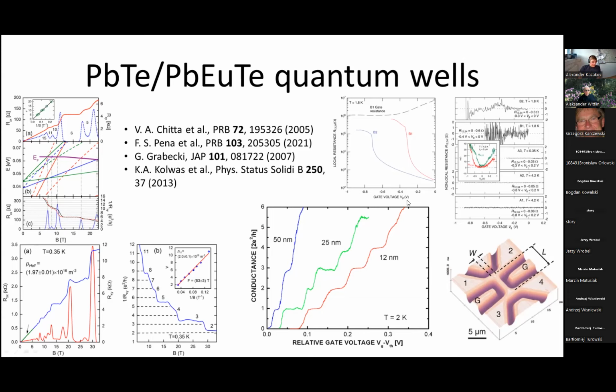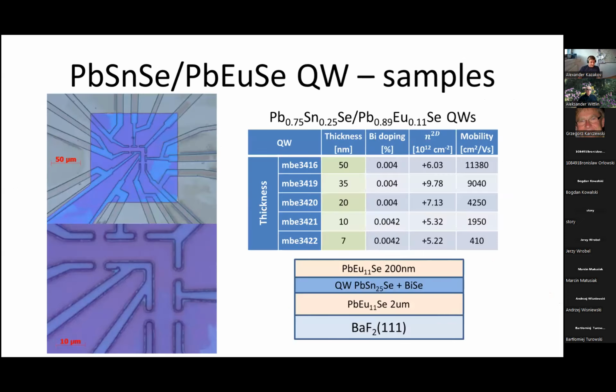In Brazil, people tried to see the quantum Hall effect in lead telluride. They saw it in both N-type and P-type samples, but no one was looking at quantum wells with topological compositions.